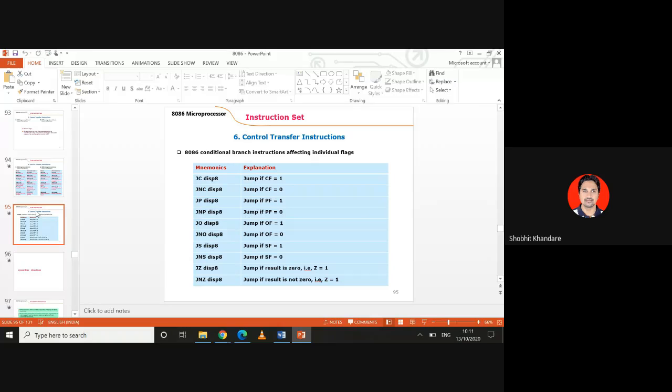So that's why the fourth step is CS is loaded from the content of the next word location. Please remember the first word location gives you the IP, and the next word location will give you the CS. IP gives the exact address, and the next word location gives the segment. In simple words, CS stores the base address and IP stores the offset address. That is as simple as it is.